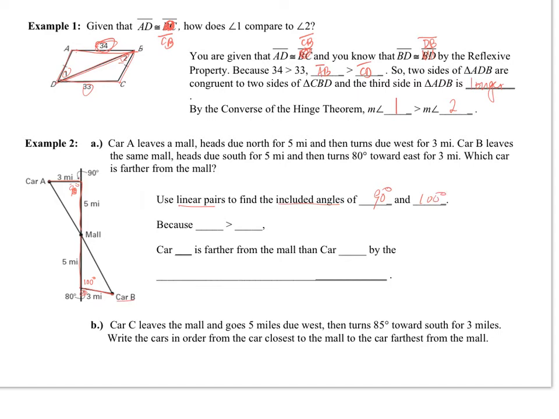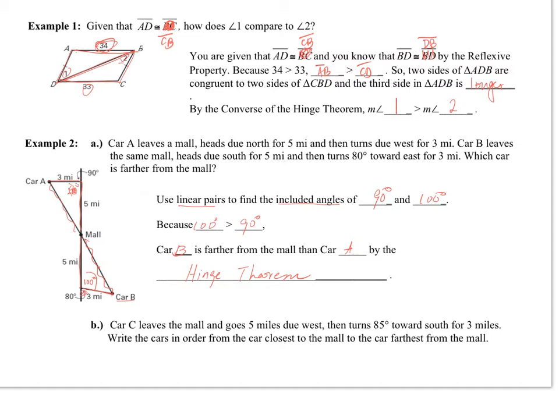So because 100 degrees is greater than 90 degrees, car B is farther from the mall than car A by the hinge theorem. Because the included angle of 100 degrees is bigger than the included angle of 90 degrees, so the distance here must be longer than the distance here.